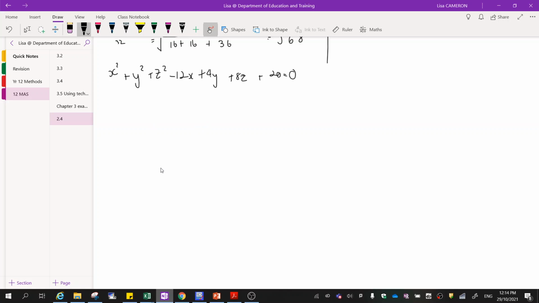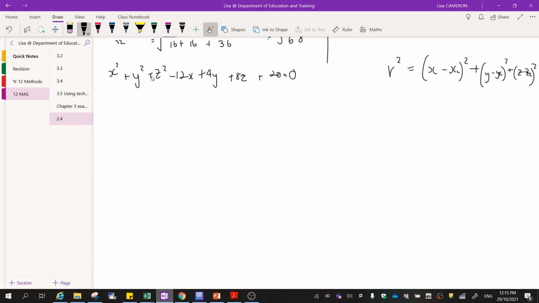Now we want to get this into our equation of a sphere, which means we want to have some sort of r squared is equal to, and then we want to have it in terms of x minus wherever the center is, squared. Now we need to do that for all components of this, so we're going to do the same thing for the y's and the same thing for the z's. Riveting, I know.